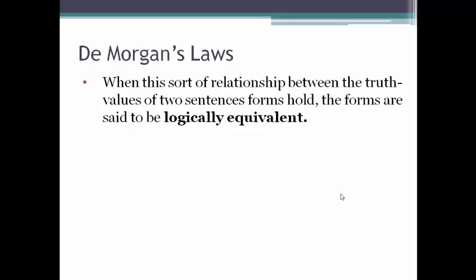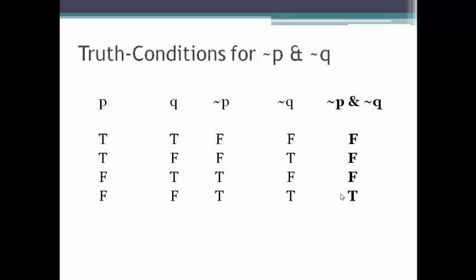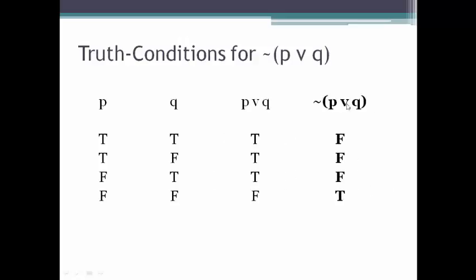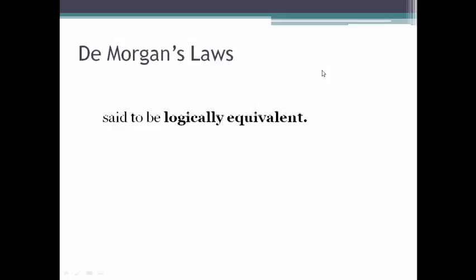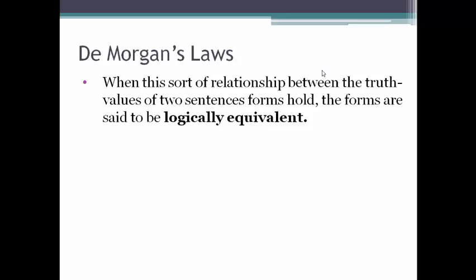When this sort of relationship between the truth values of two sentence forms holds, the forms are said to be logically equivalent. Thus, this form, not P or Q, and this form, not P and not Q, are logically equivalent. Why am I calling them sentence forms? Well, that's because these symbols, P or Q, could stand for any old thing.